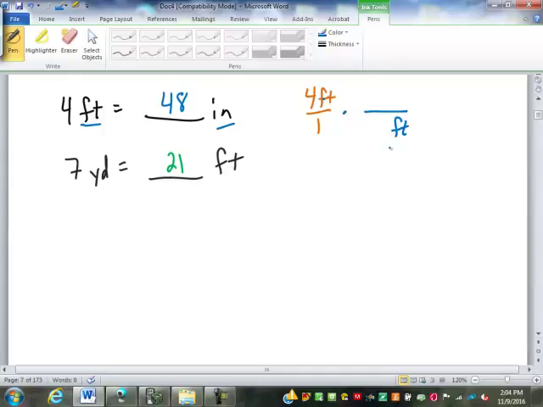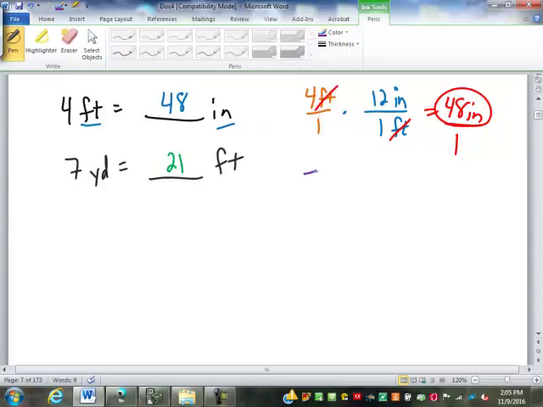So it'll cross-cancel out in our math. So we'll put inches on top. 1 foot is 12 inches. So now the feet do cross-cancel when we multiply. 4 times 12 inches is the 48 inches. On bottom, 1 times 1 is 1. So 48 inches over 1, or just 48 inches.